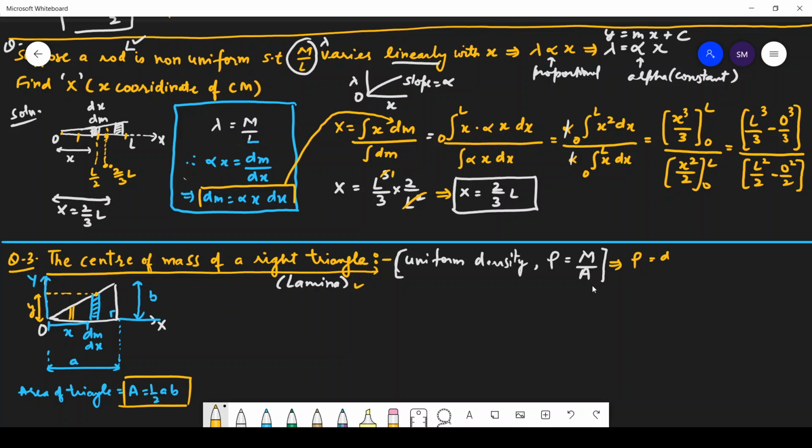It's up to us. But let us take the case where there is thickness. So what will be the change? The thickness is also there, so instead of area we'll have volume. If this is not a lamina, if this is simply a right triangle with some thickness, a right angle triangle with some mass and it has some thickness also, let this thickness be T.